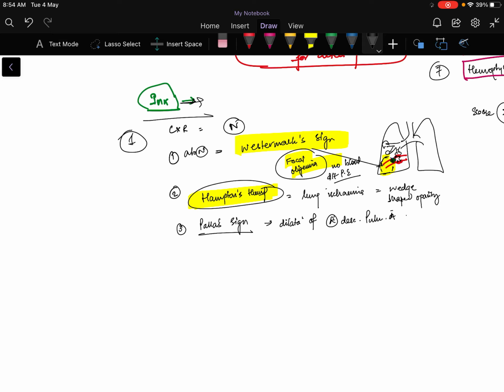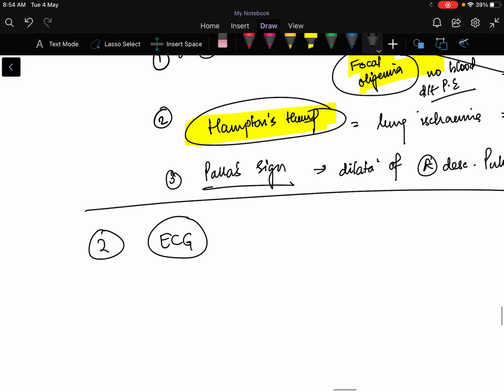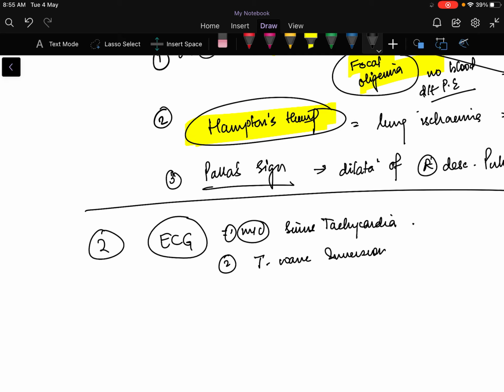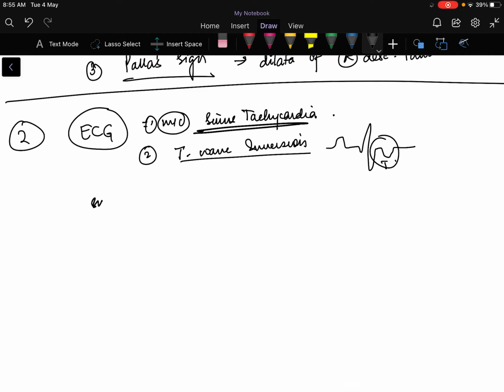What else we can do is an ECG, which shows most commonly sinus tachycardia or T wave inversion. Sinus tachycardia, T wave inversion, but the most specific being S1Q3T3.